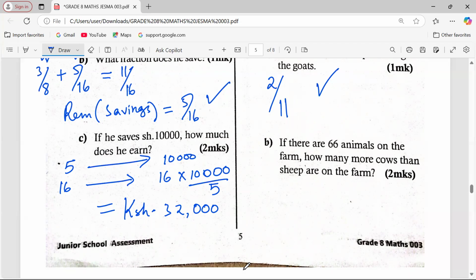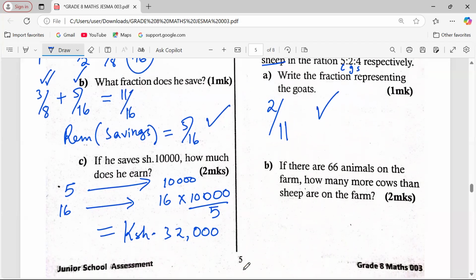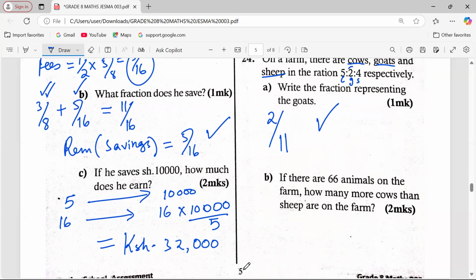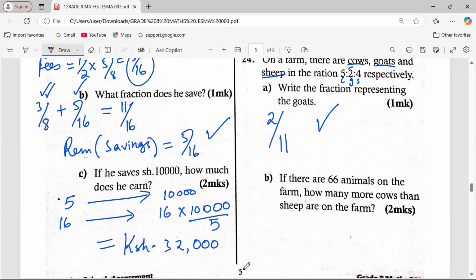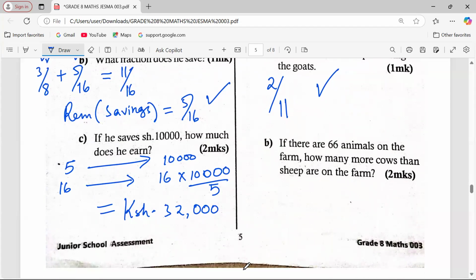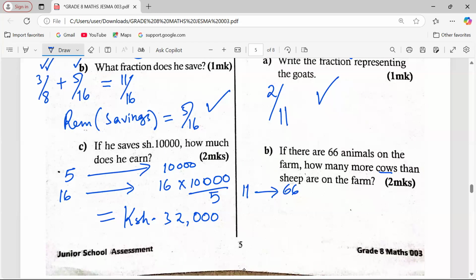So we need to say that the total proportions are 11 and they are representing 66 animals. 11 proportions for 66 animals total. What about the proportion that represents cows? That is 5. This will be 5 by 66 over 11, giving us 30. These are cows in the farm.